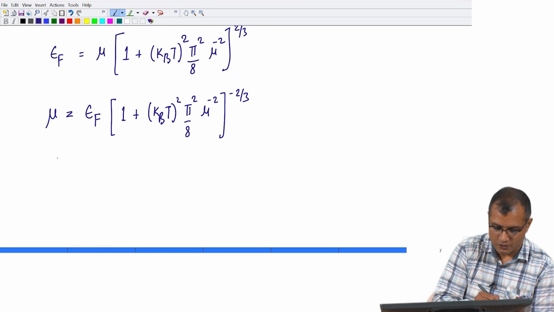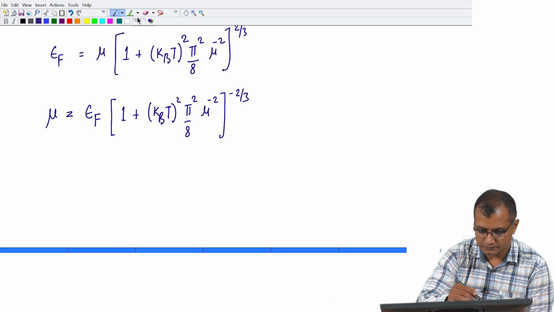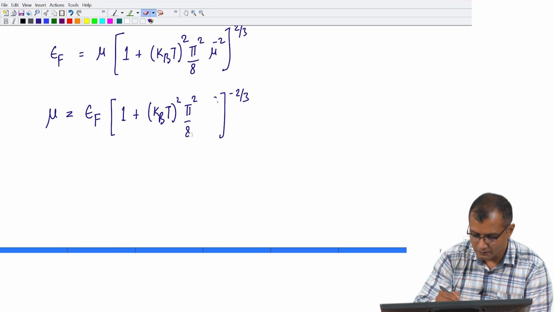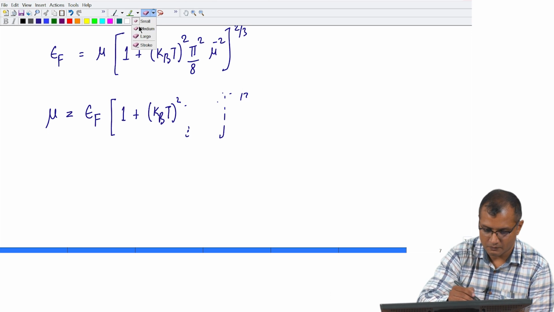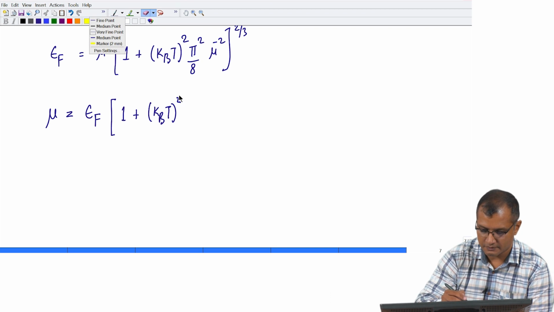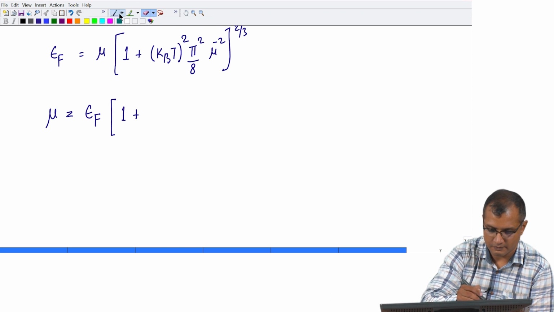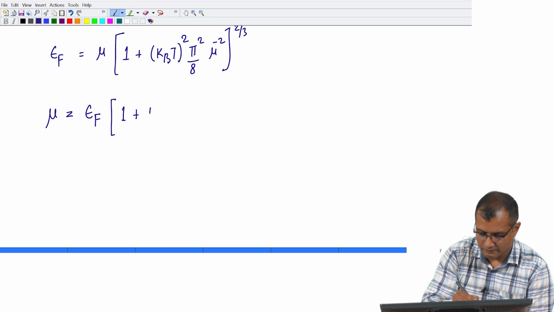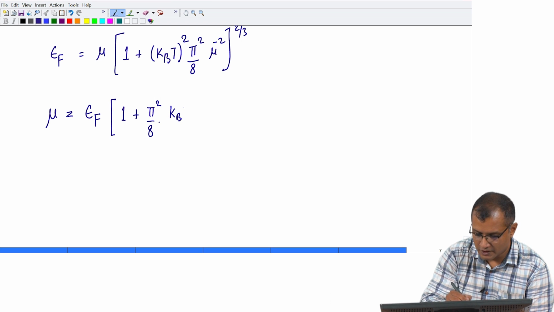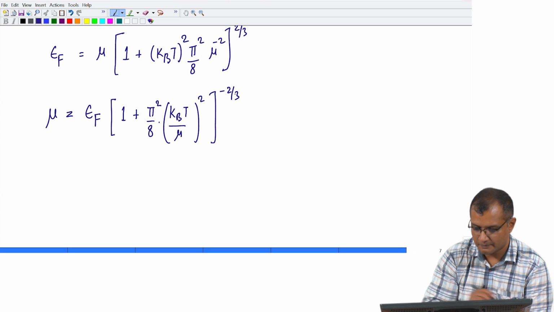So, you can write this entire thing as pi square by 8 into kBT over mu the whole square raised to minus 2 by 3.